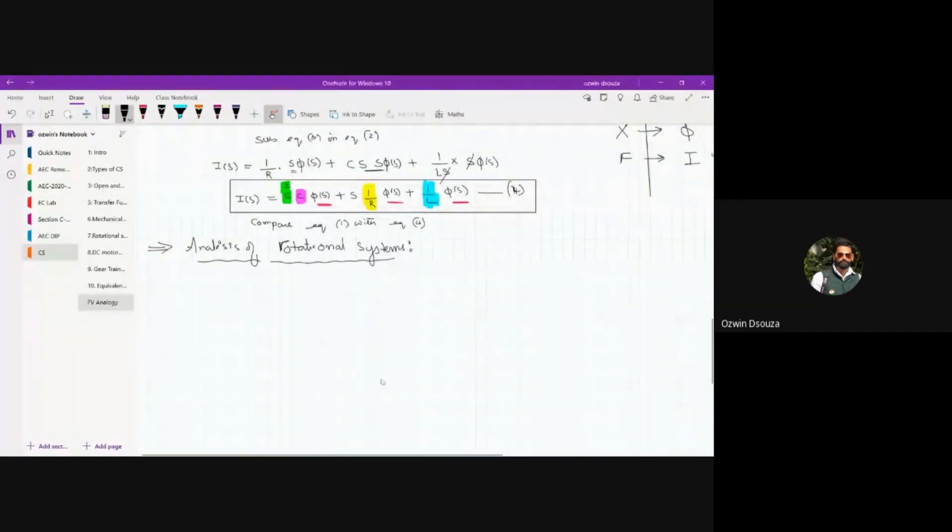Okay. So for a rotational system, you have to consider a 3-element system, right?